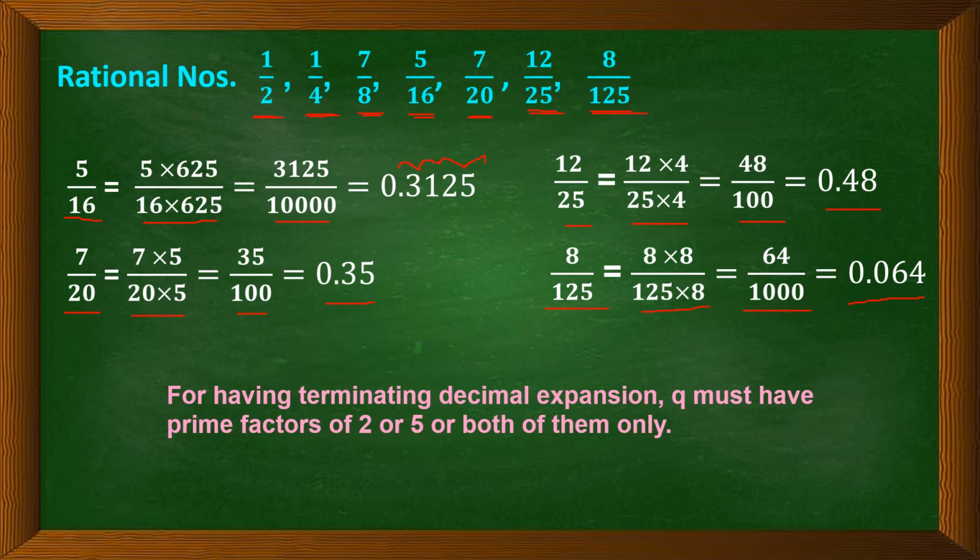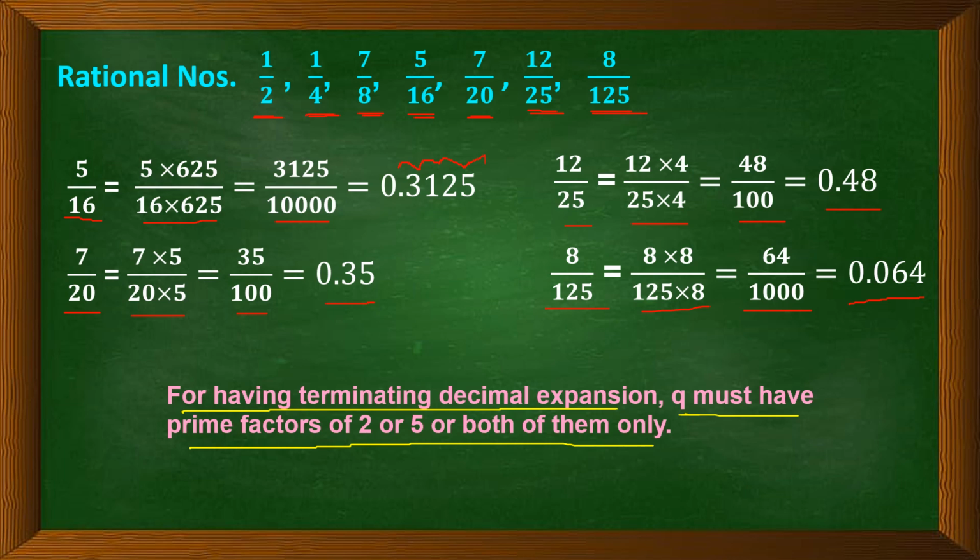So we can conclude over here that for having a terminating decimal expansion, q must have prime factors of 2 or 5 or both of them only. Other than that, if you have any other factor in the denominator, then it will not be terminating decimal expansion.